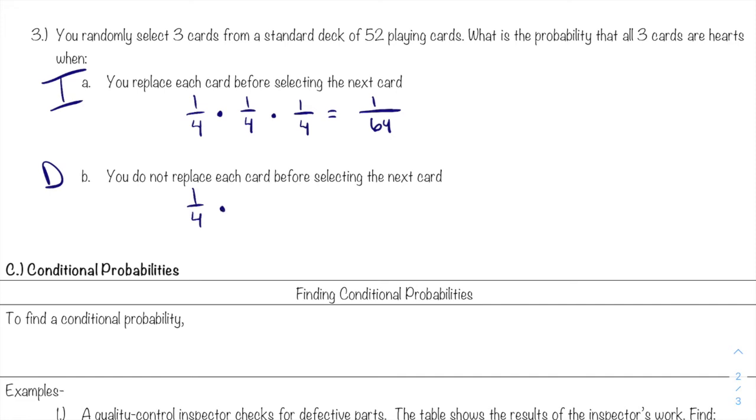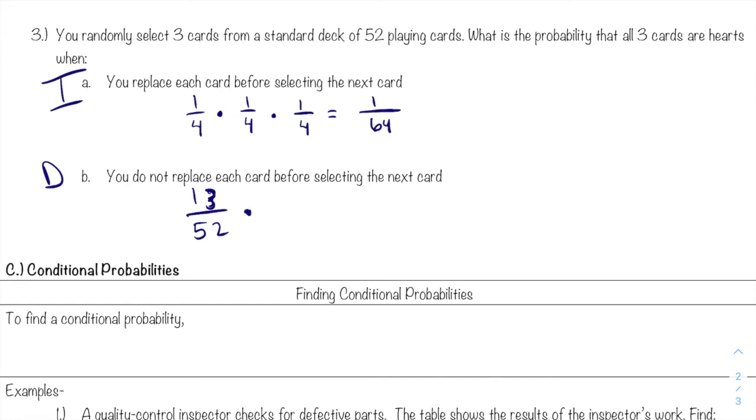Let me change this to the full fraction here, so it's easier to see. There are 13 of each suit. So when I go to draw the first card, I have a 13 out of 52, or 1/4 chance of getting a heart.